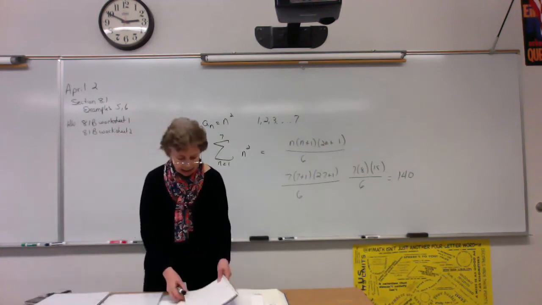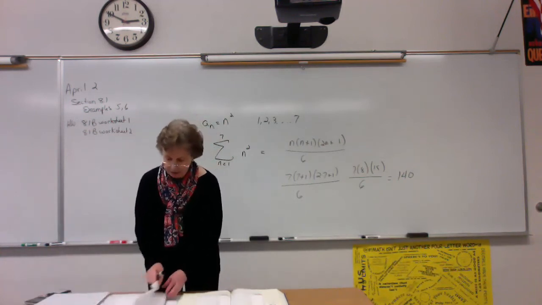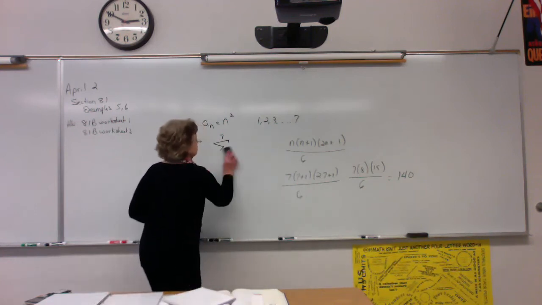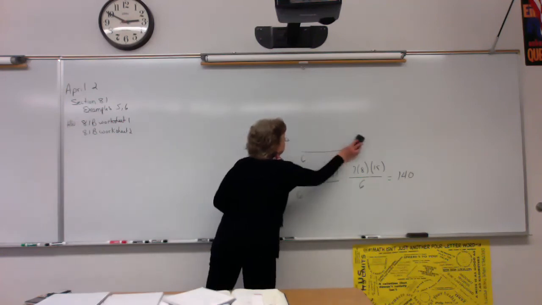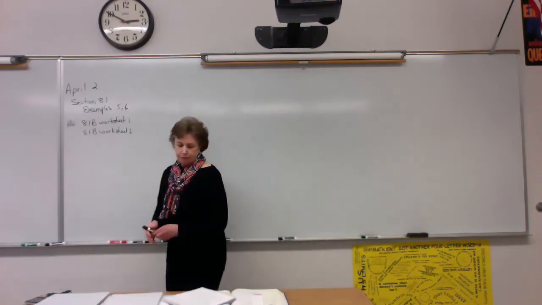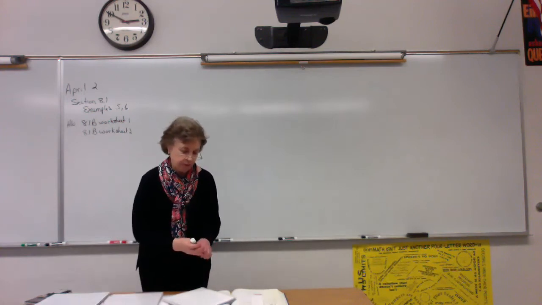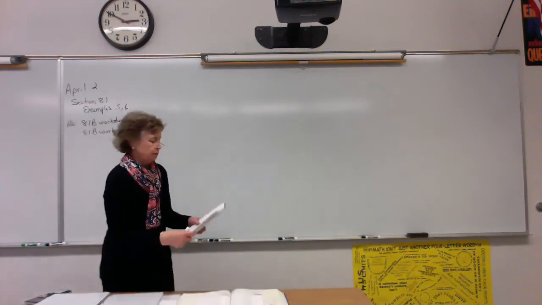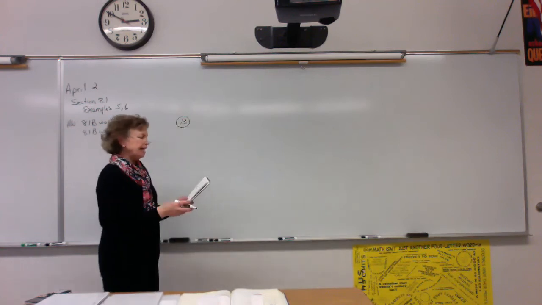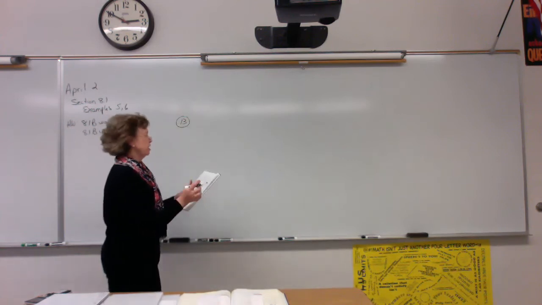If you look at monitoring progress, down at the bottom of page 413, see what we can do. Number 13, these are to do by hand, but you can check with your calculator.